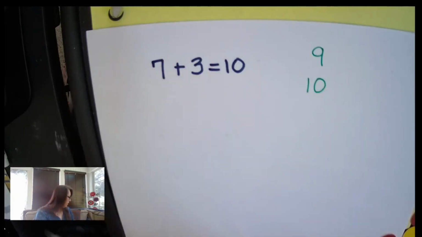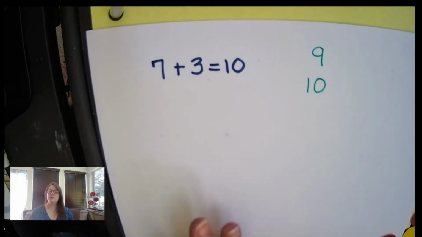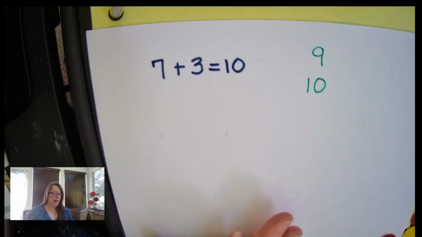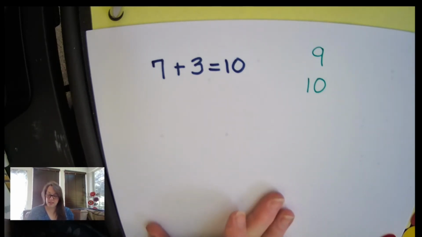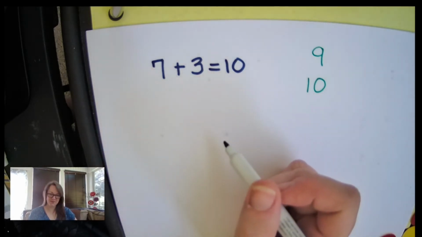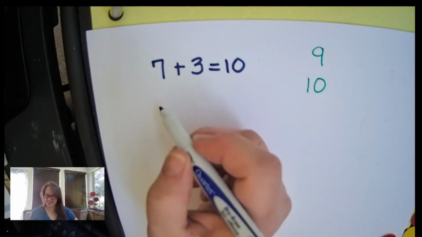So let's think some more about the combinations of 10. And we're going to use that to help us think about this next expression. Are you ready? Okay, here it is.